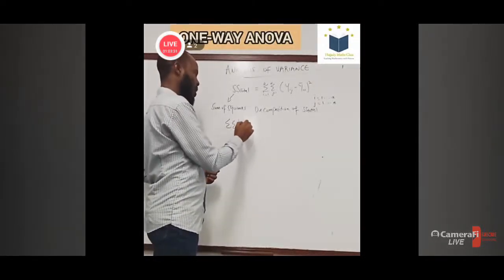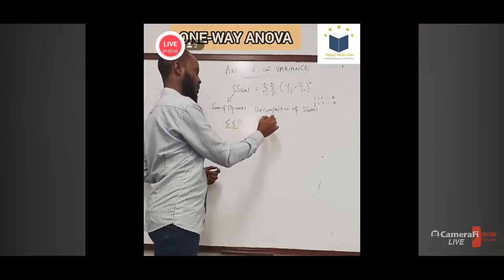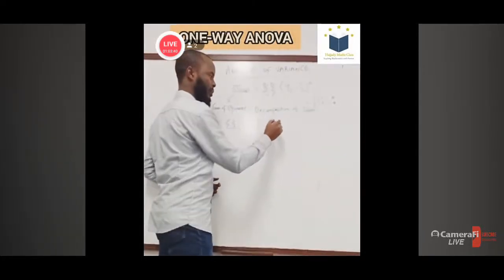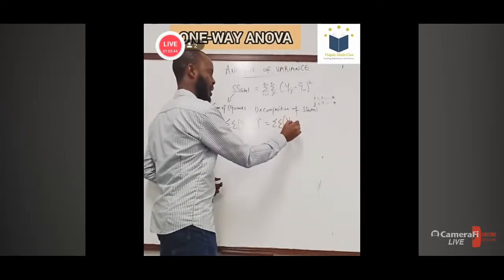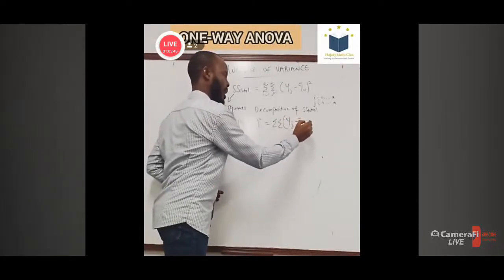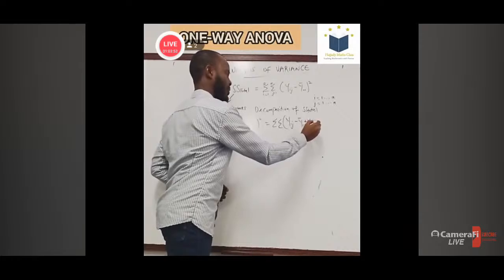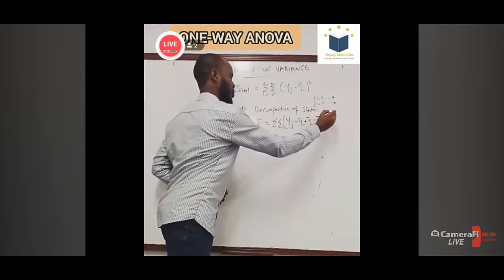So I have Yij minus y bar dot dot, squared. So decomposing this is the same thing as saying my double summation of Yij, introducing minus yi dot bar plus yi dot bar minus y dot dot bar, all squared.